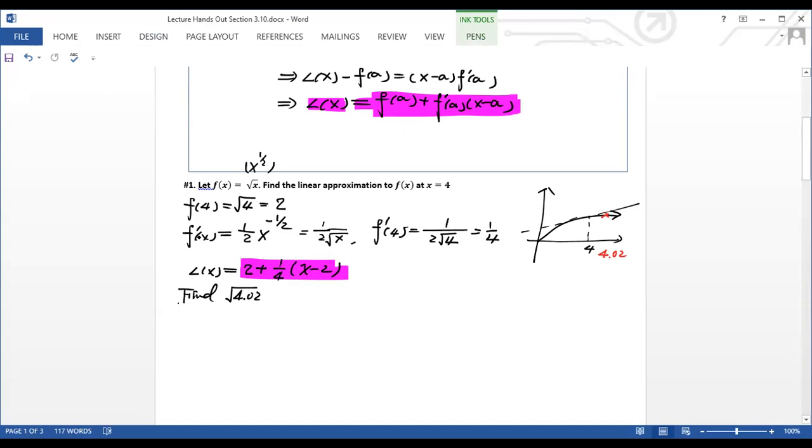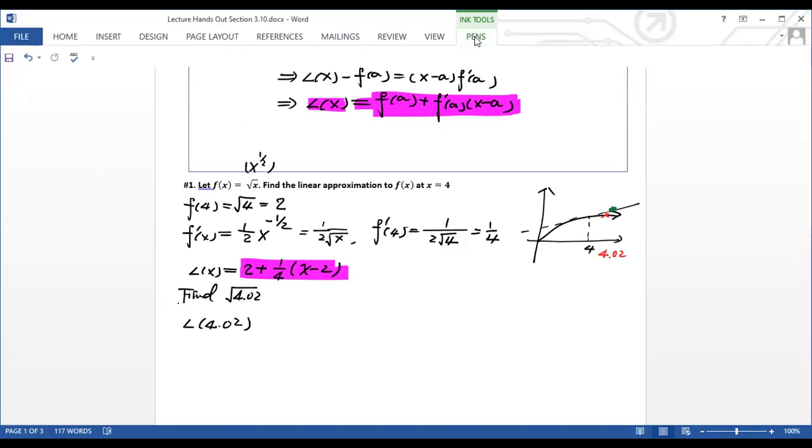Okay, so now let's use the linear approximation. So I say L of 4.02. 4.02 is probably someplace on this line here, right?